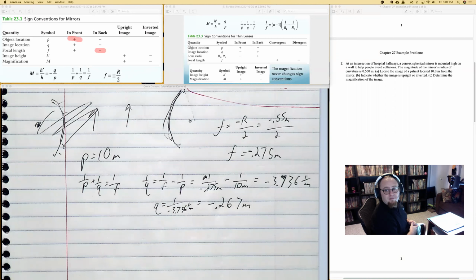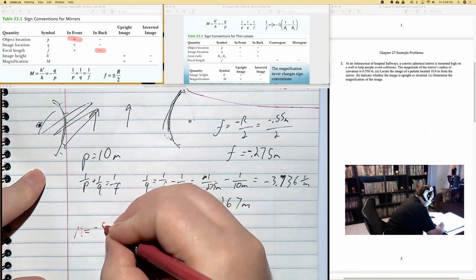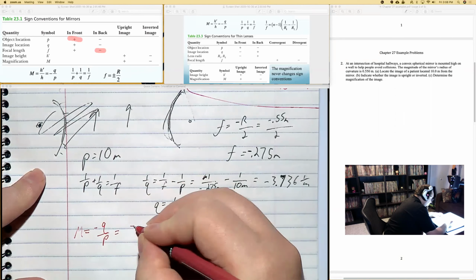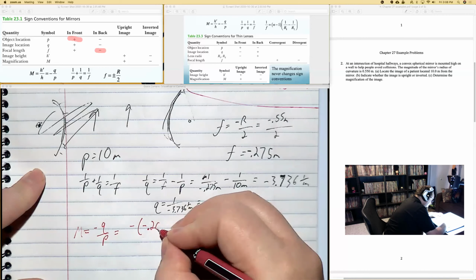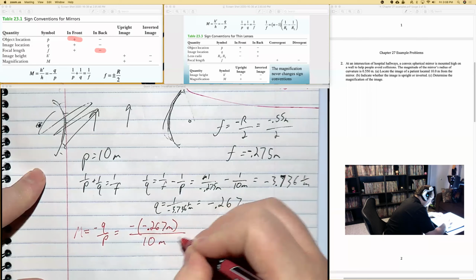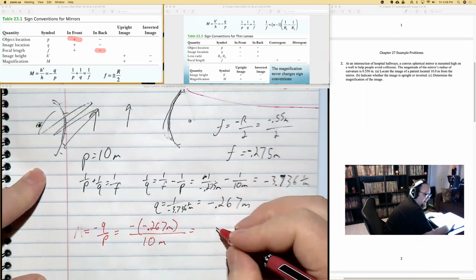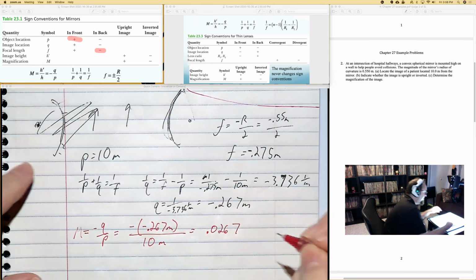Part B, is it upright or inverted? And part C is the magnification. Both of those are the same equation. Magnification is negative Q over P. So it'll be negative 0.267 meters over P, 10 meters, which doing that math will be positive 0.0267.